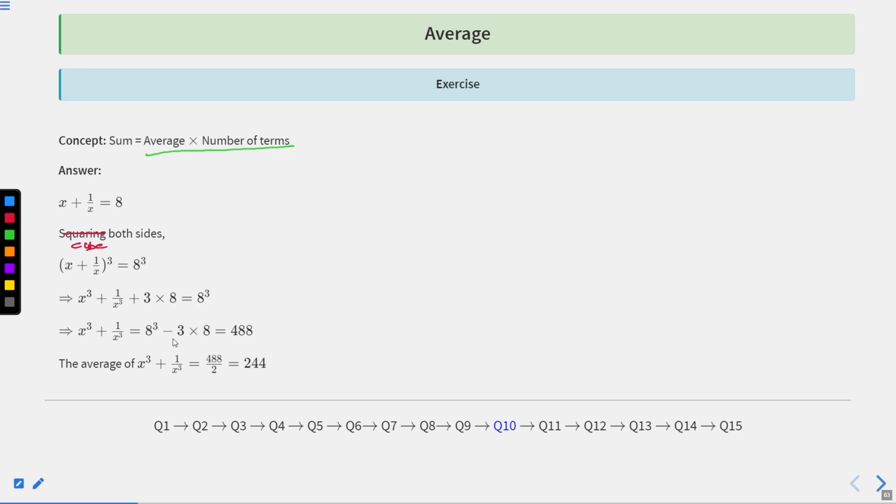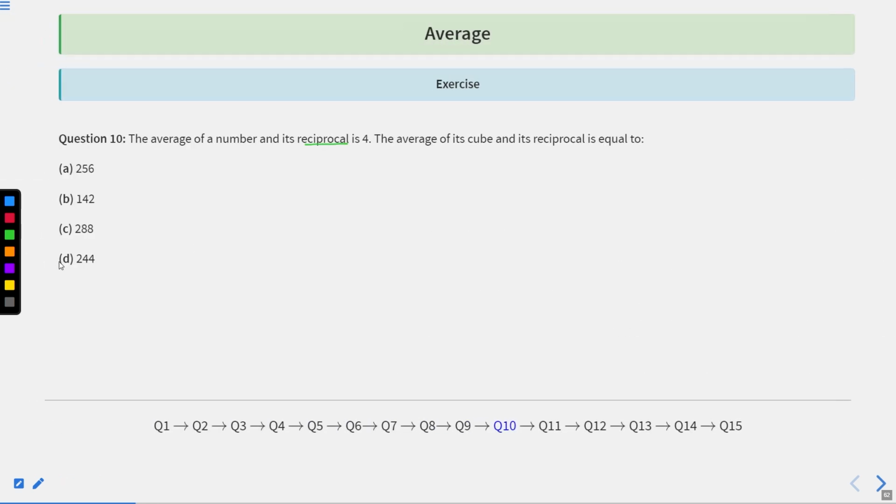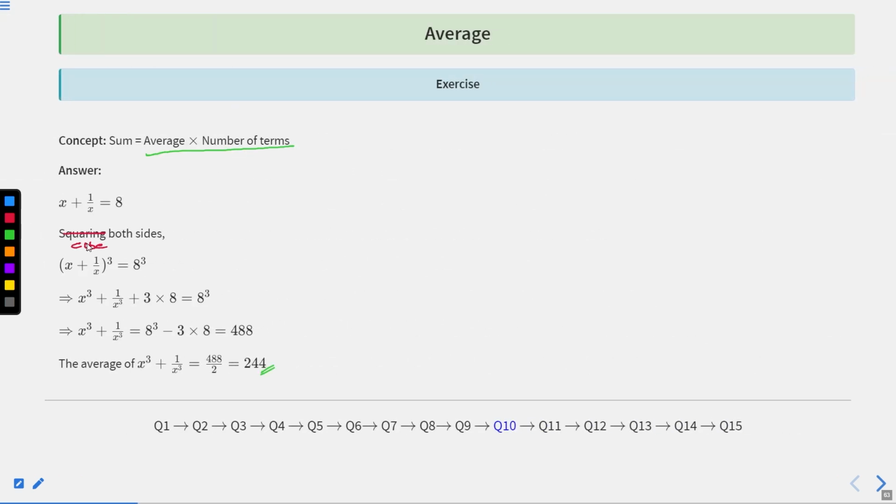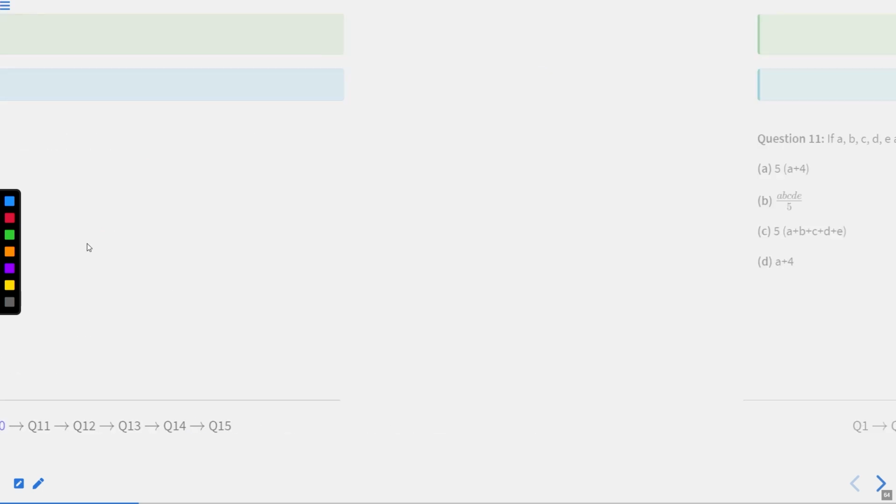So x cube plus 1 upon x cube will be 8 cube minus 3 times 8, which is 488, and dividing it by 2 will give me the final answer, that is 244. So 244 is the final answer here. That is option number D, 244.